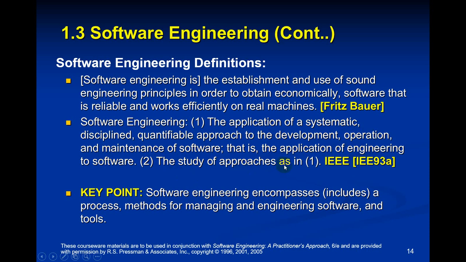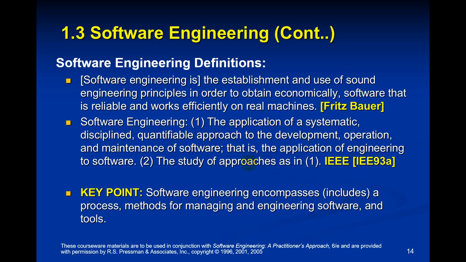The study of approaches is the second part. These are the different systematic, disciplined, quantifiable approaches. We are using them, and we are also studying them. The approaches being used are studied to improve them.